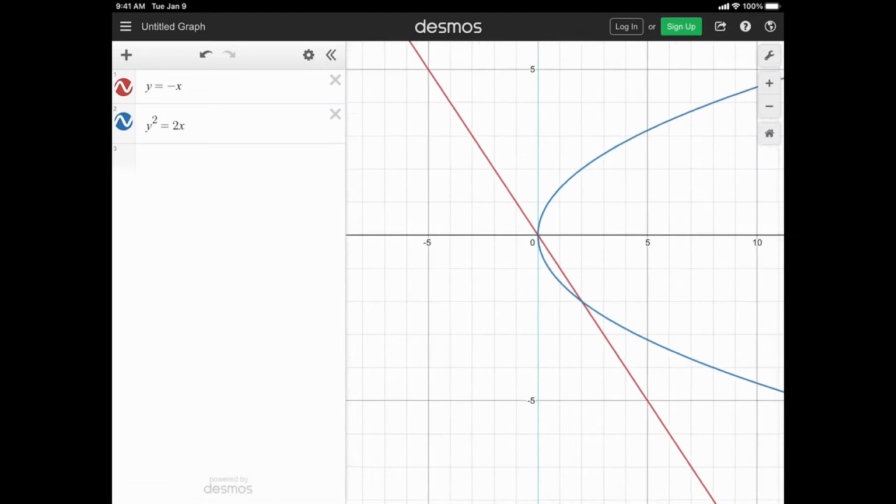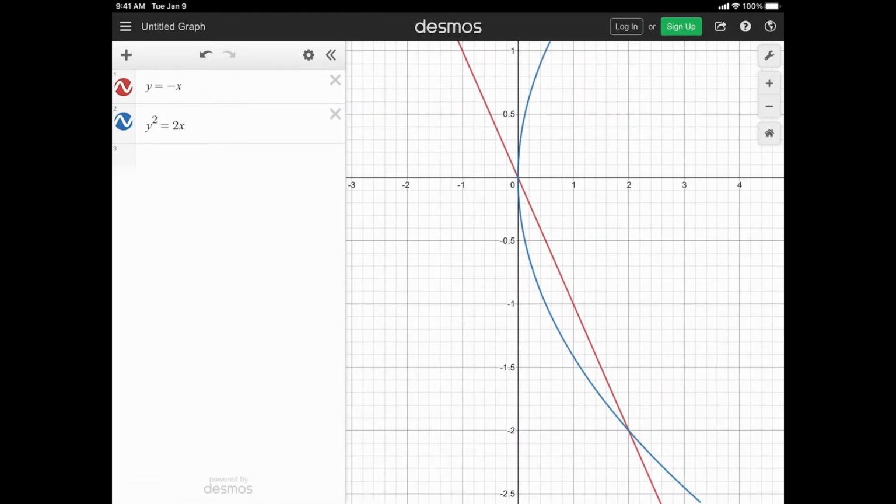And the nice thing about it is we can do the same thing. You can kind of just zoom in. And there's an ordered pair, and there's an ordered pair as well. Okay? So I highly recommend just using Desmos. That way you can just find the point of intersections very quickly.